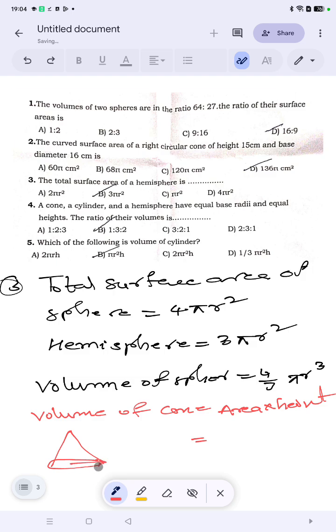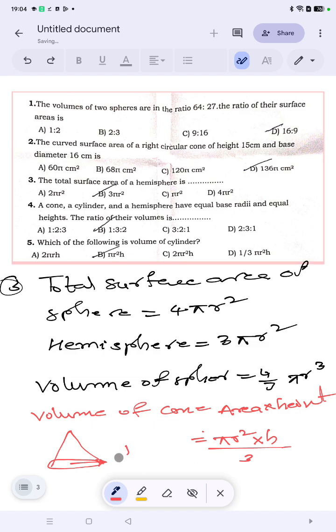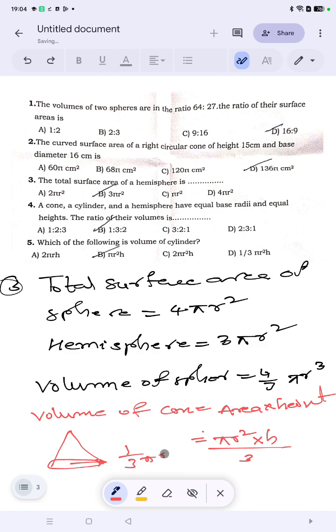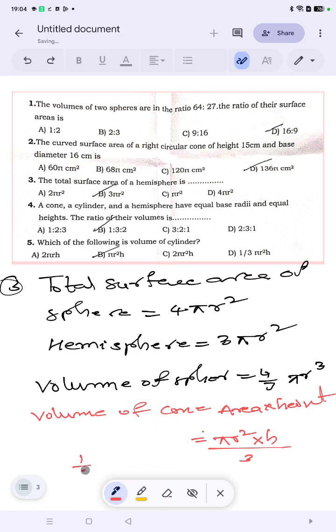What is the formula for the area of a circle? Pi r square, into height. For a cone, we take 1/3. So the volume of a cone is 1 by 3 pi r square h.